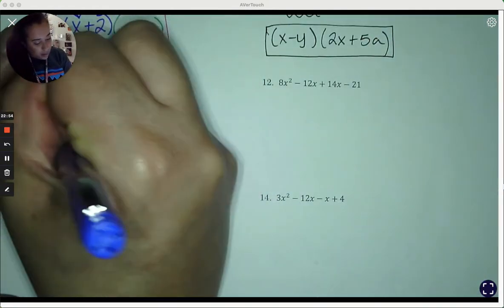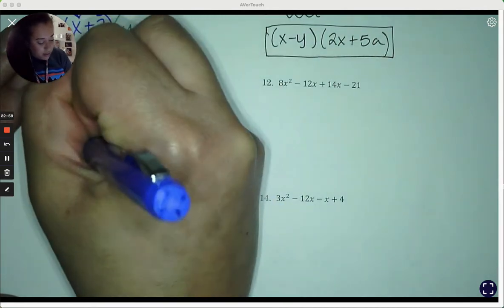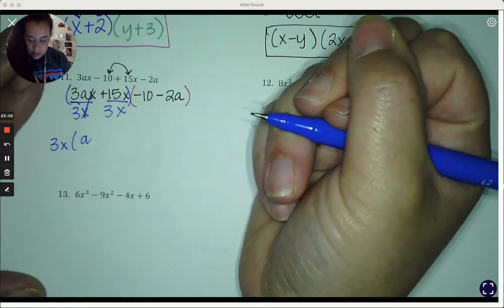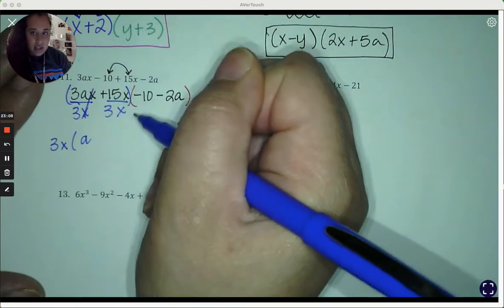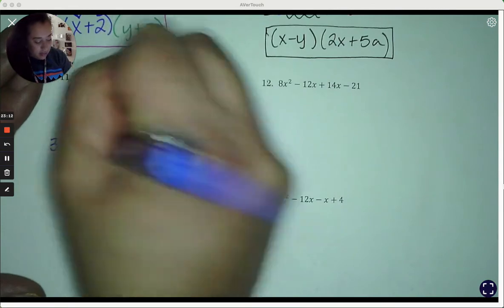So 3x is on the outside, cancel, so I'm left with a. And then over here, the x's cancel, and I'm left with a plus 5.